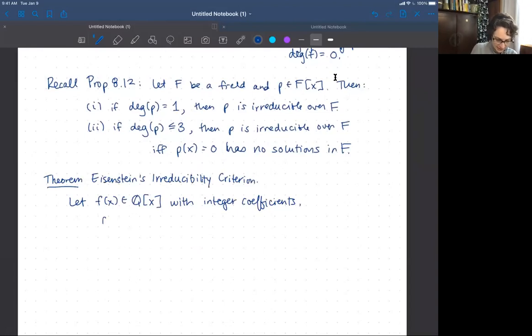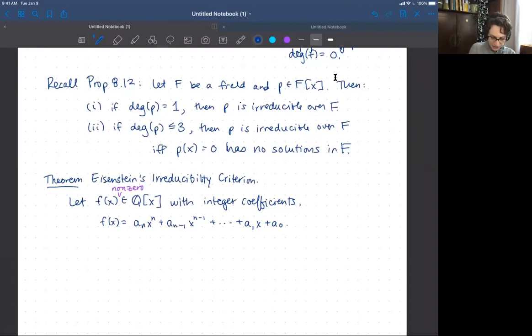And we're going to write it as f of x looks like a_n x to the n plus a_(n-1) x to the n minus 1 plus blah, blah, blah plus a_1 x plus a_0. And I keep forgetting to include the hypothesis here, but we want a non-zero polynomial in order to do this. We don't want to be working with the 0 polynomial.